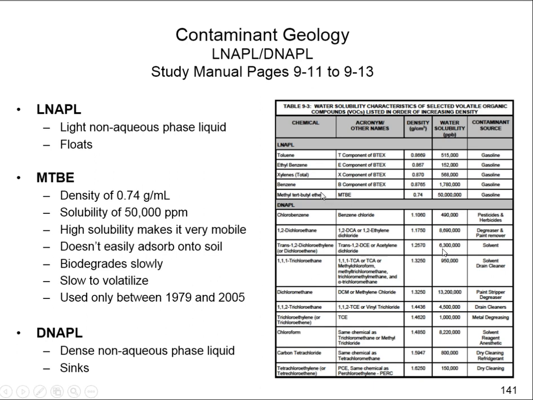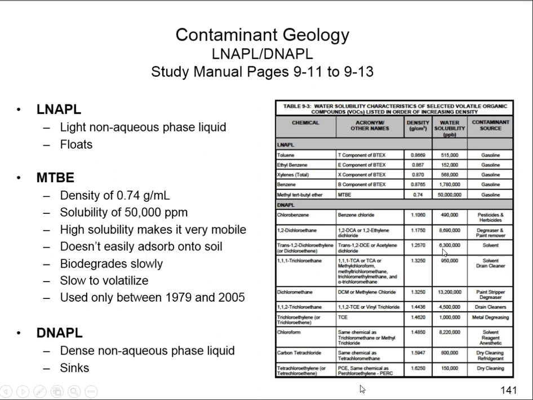And they are the components of gasoline, BTEX and MTBE. Everything else is going to be a D-NAPL. And so it's going to sink, going to be found below the water table. And there are a lot of acronyms in here.